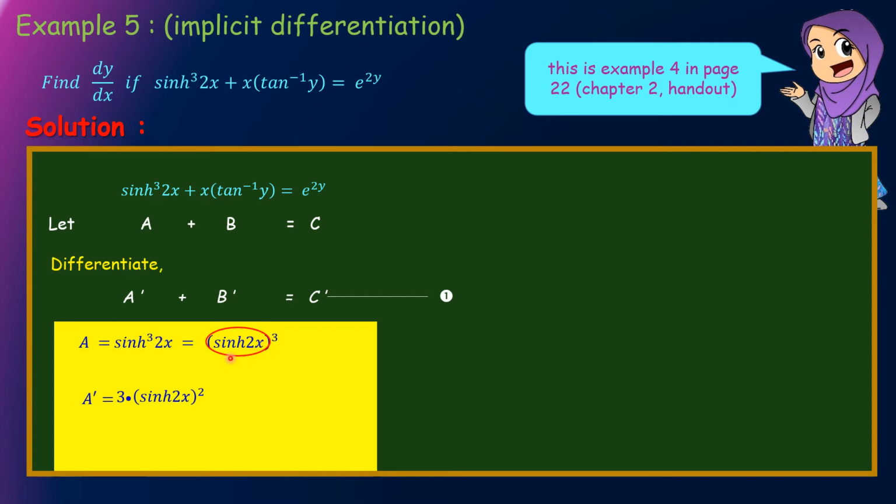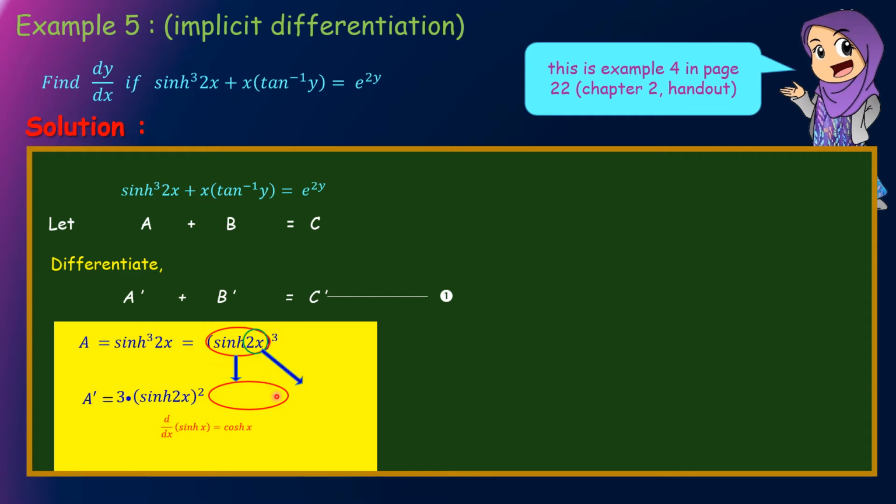In the bracket, actually it is a composite function because we have sinh 2x. We can write the first circle and attach another circle. Inside sinh 2x, we have sinh, and inside sinh we have 2x.